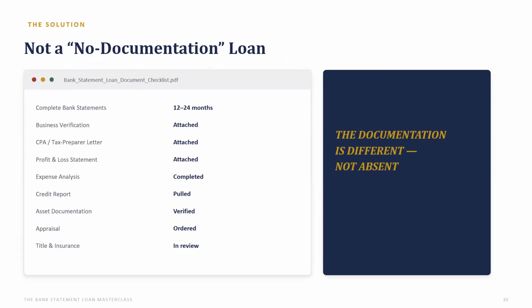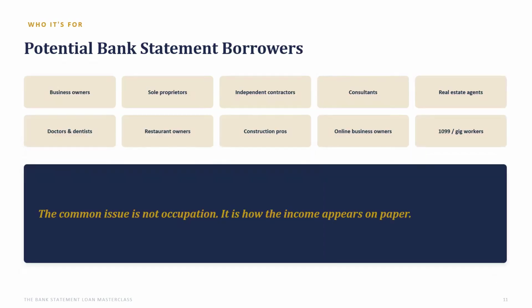Again, not 2005. So this is what we're looking at. Here's the process: business verification, CPA or tax preparer letter, profit and loss statement, expense analysis, credit report, asset documentation, verify it, appraisal ordered, title insurance review. Documentation is different, not absent.